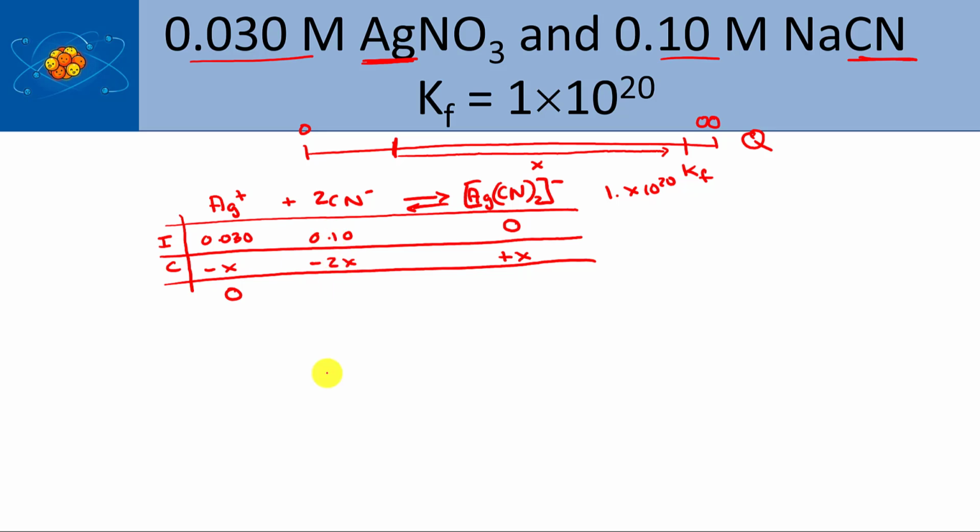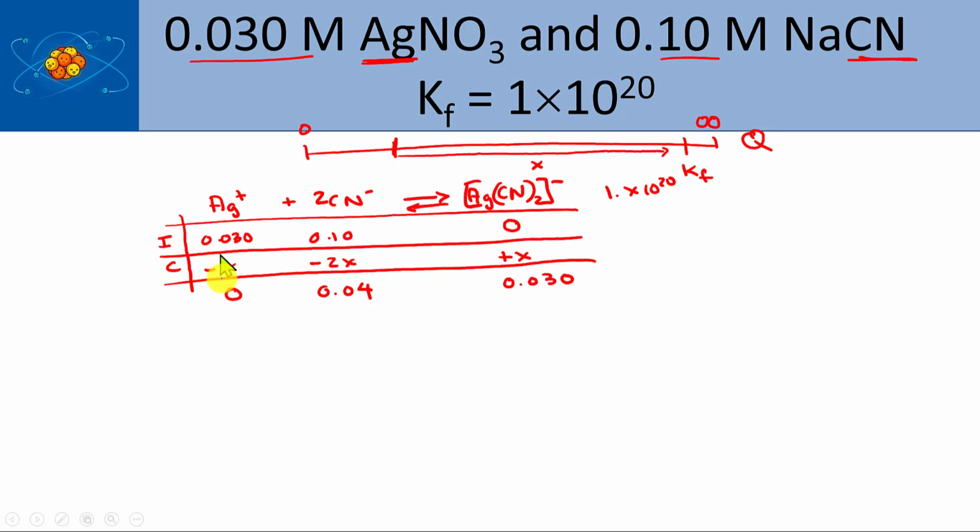and then the CN concentration will be 0.0. Let's see, what will it be? 0.04, like that, yeah. And then over here, I'll have 0.030, like that.